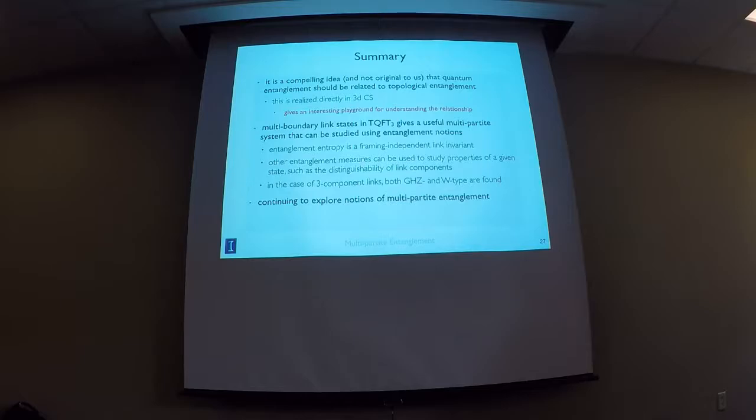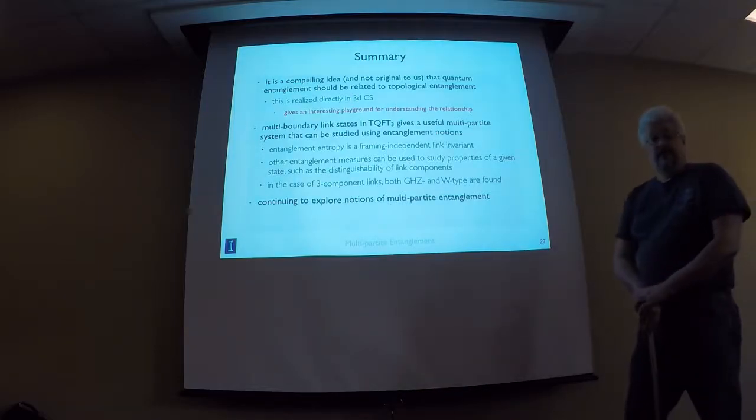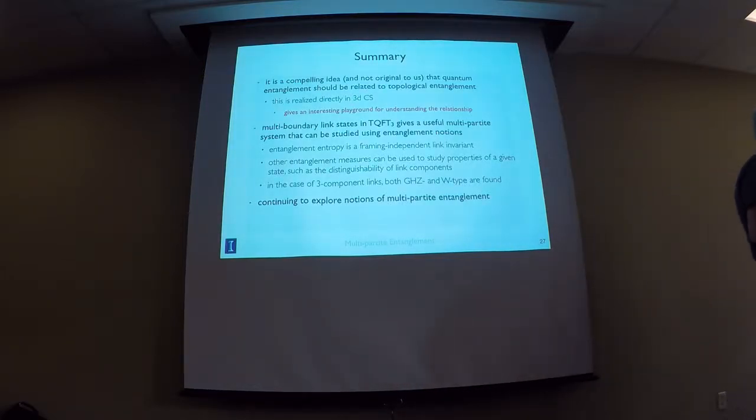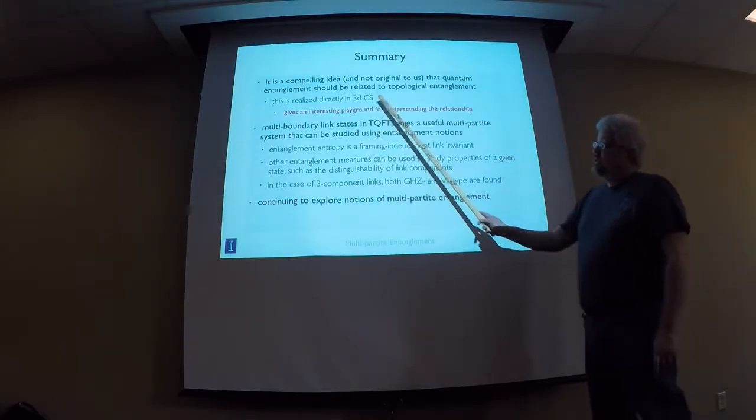I think this idea that quantum entanglement and topological entanglement are related is pretty enticing. And so what we're doing here is realizing this idea in a theory where we can do computations, in particular in 3D Chern-Simons theory.